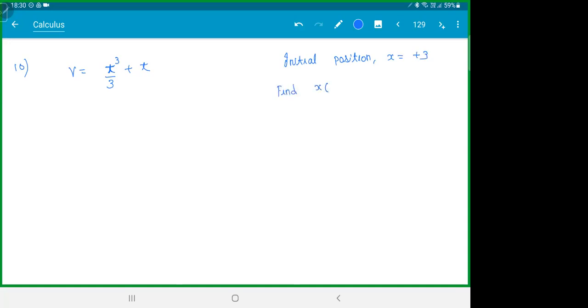Find position as function of time t and acceleration as function of time t. Let's try this.